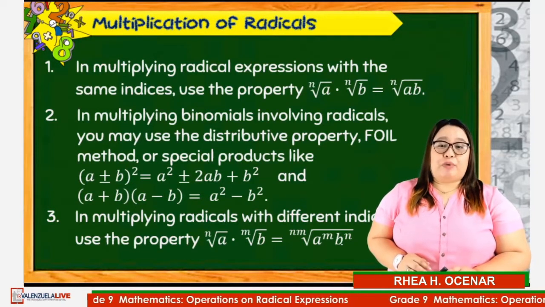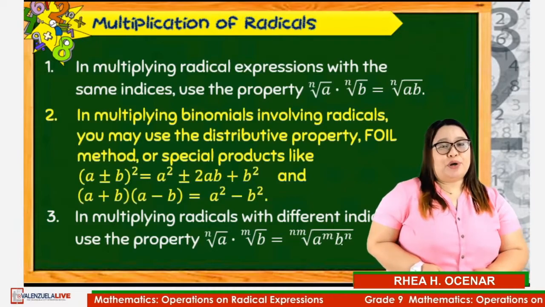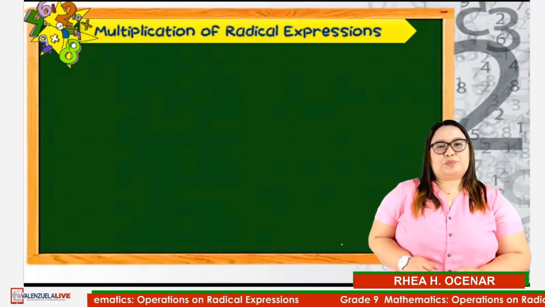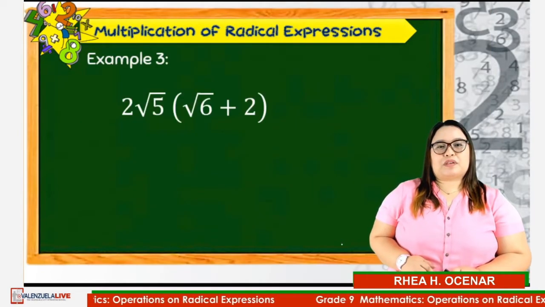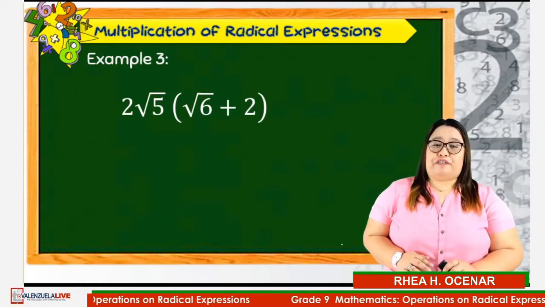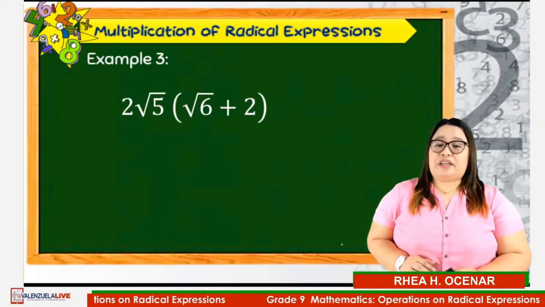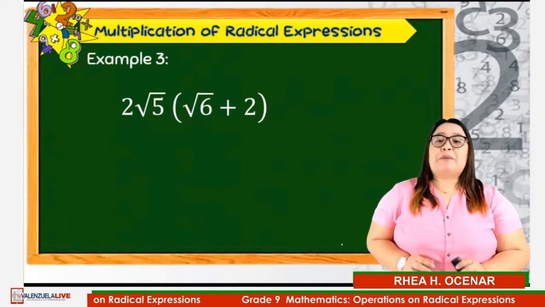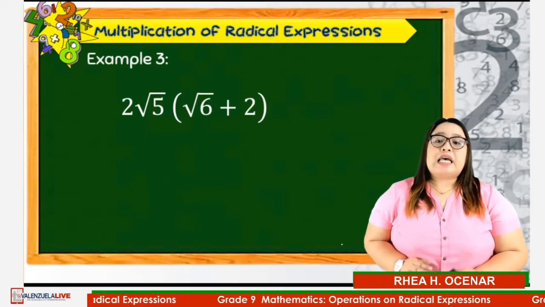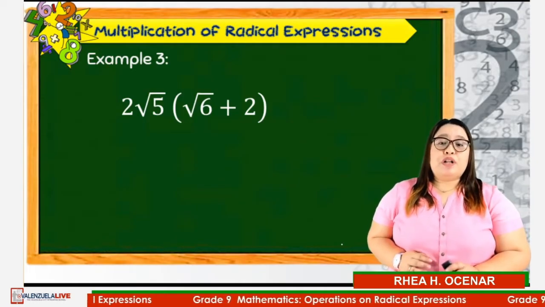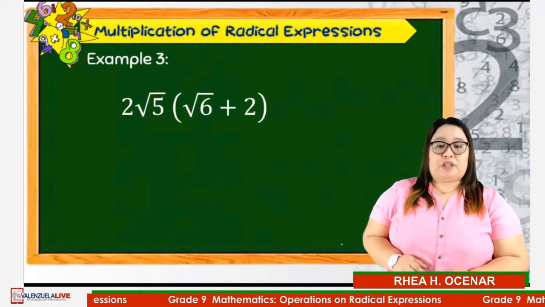Next example for case number 2: 2 square root of 5 times the quantity of square root of 6 plus 2. In this, we will use the distributive property.